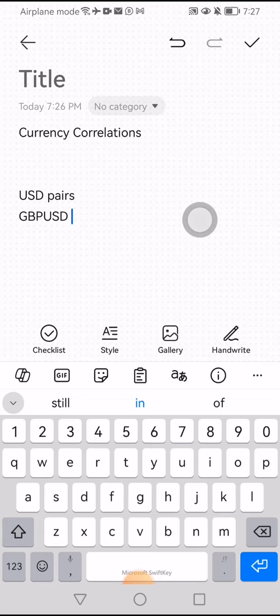If the pound is stronger than the dollar at any given moment, price is going to go up. And if the pound is relatively weaker, price is going to sell.